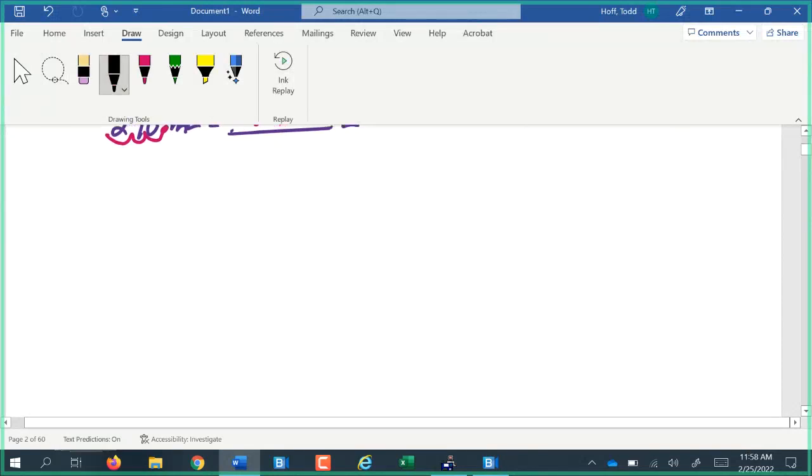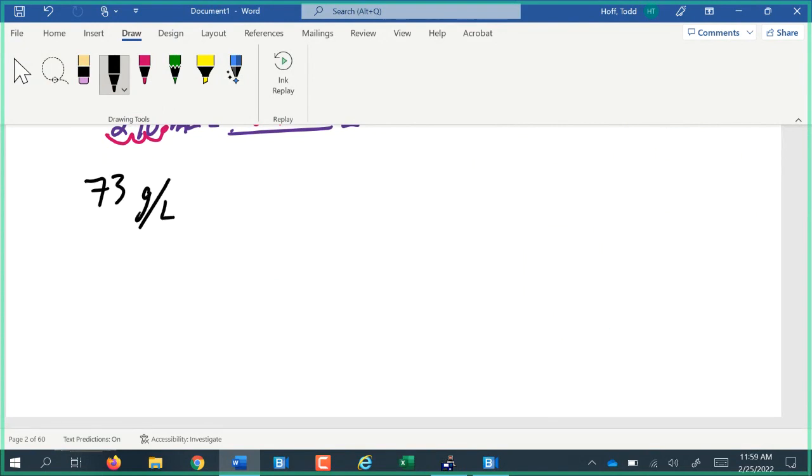So if we have rates with these metric units, all we have to do is move the decimal points the appropriate amount. Well, let's do 73 grams per liter, and I want to convert that to milligrams per milliliter.